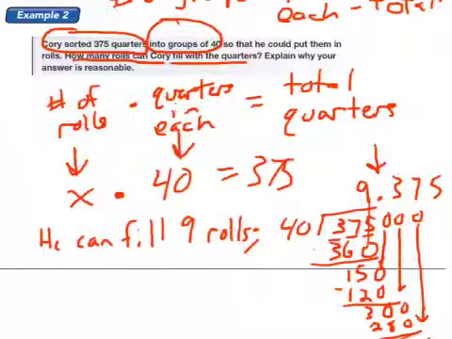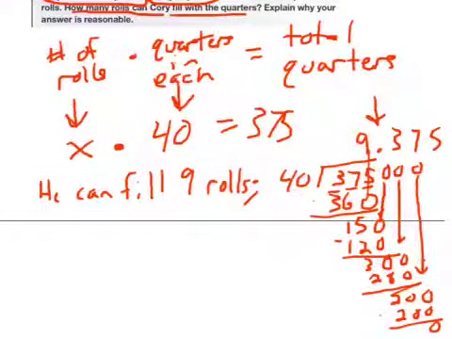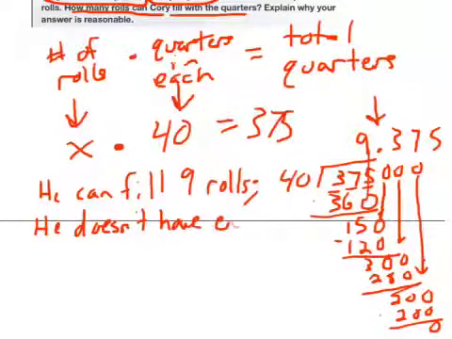Now, I'm realizing as I went through this, I forgot to check our answer. That's okay for this one. We'll skip it for now, but make sure you check your answers. Why is our answer reasonable? Well, again, we can't have 9.375 rolls of quarters. So we either have to have 9 or 10 rolls of quarters. So I'm just going to say that our answer is reasonable because he doesn't have enough to fill 10 rolls.